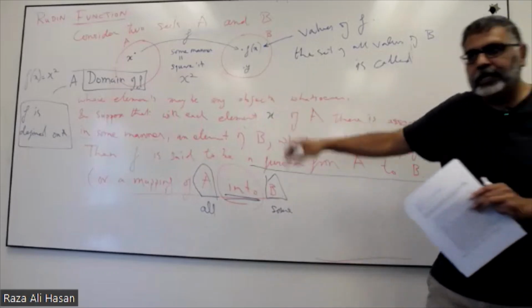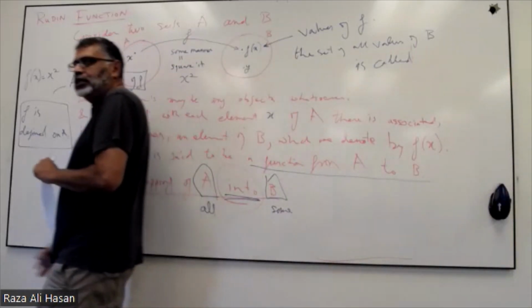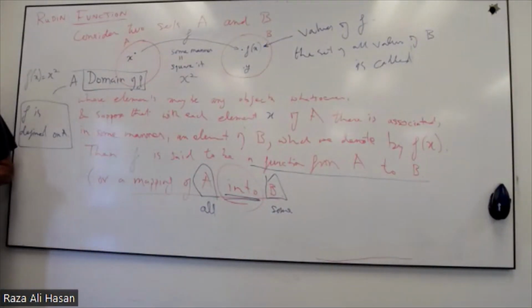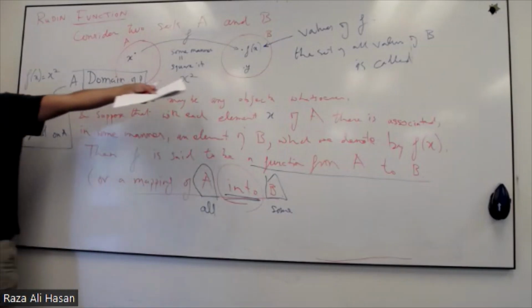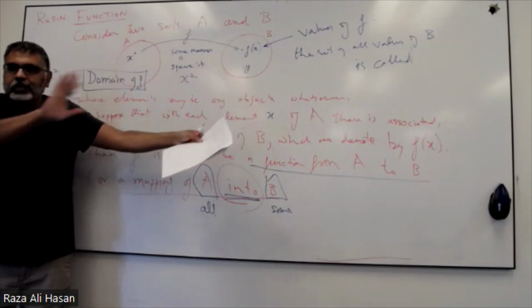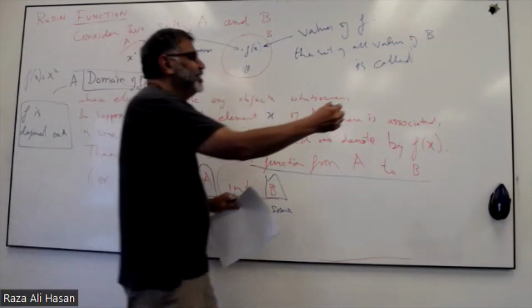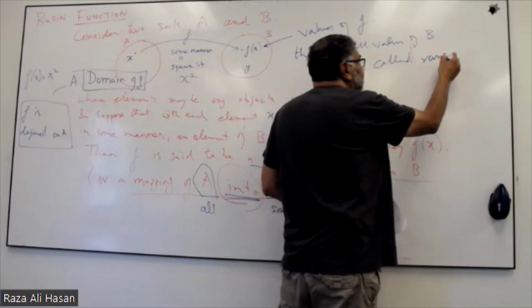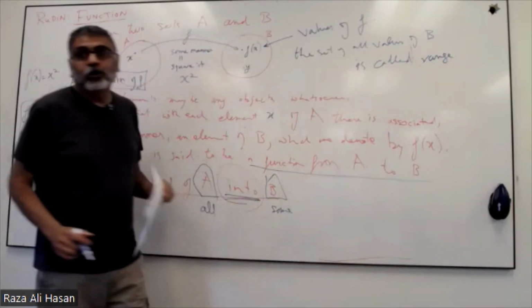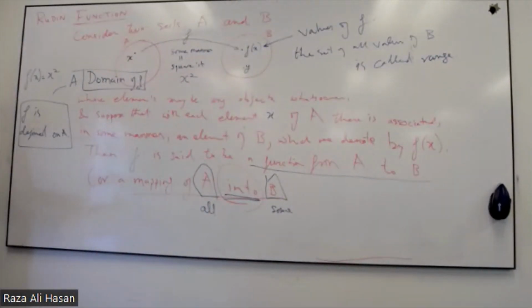So you got domain, there are two terms for it, and I always confuse. So if this is domain, this is the range or codomain. Okay, so this was our first thing.